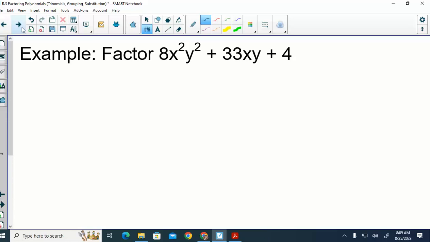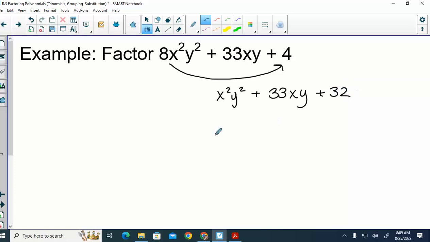No. So what do we do? Slip and slide. So the 8 comes down, that leaves the x squared, y squared. 33xy plus 32. Alright, since I need x squared, y squared, what would I put for each of these?